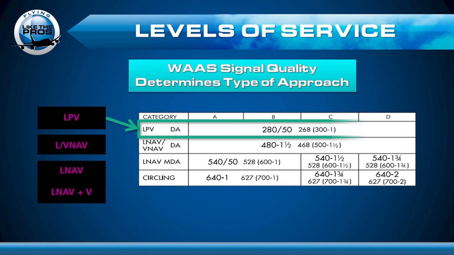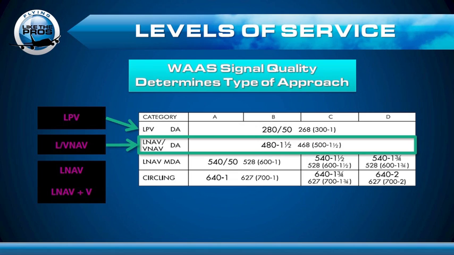For example, if you get the LPV enunciation, you'll use the LPV decision altitude. If you get the L/VNAV enunciation, you'll use the LNAV/VNAV decision altitude. And if you get either the LNAV or LNAV plus V enunciation, you'll use the LNAV MDA minimums.